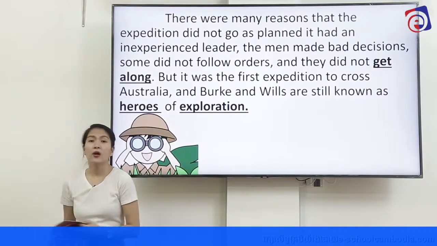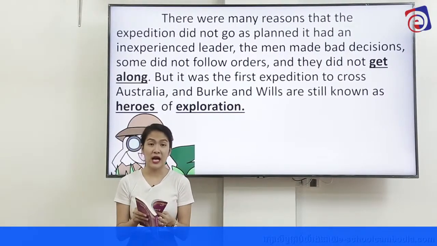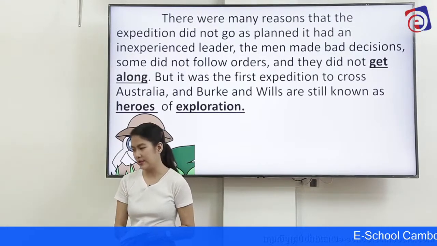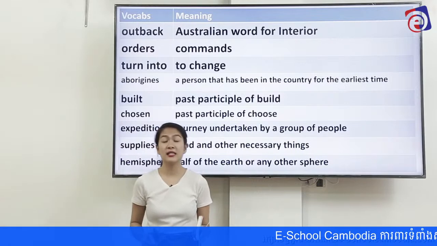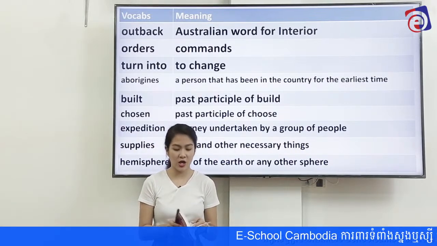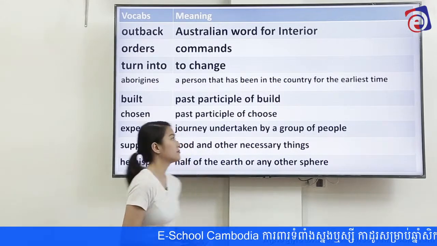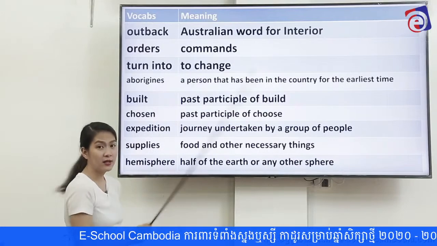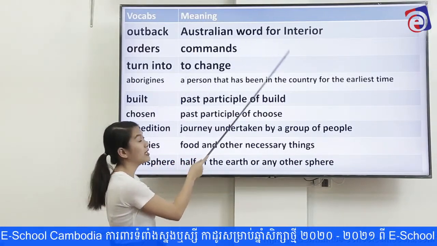Okay, so we have here words that are underlined and bold. So we're going to look for the meaning of these words. First, this is an additional word for your vocabulary. Outback, meaning Australian word for interior.